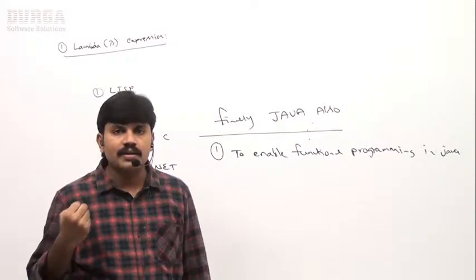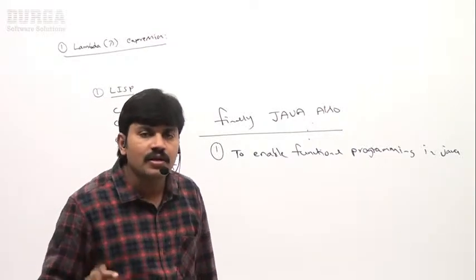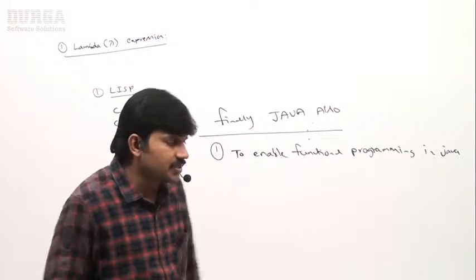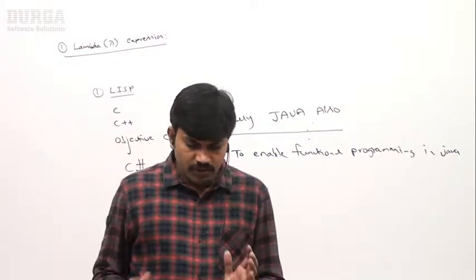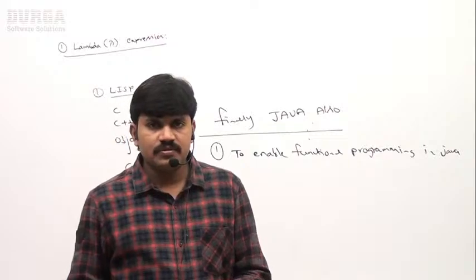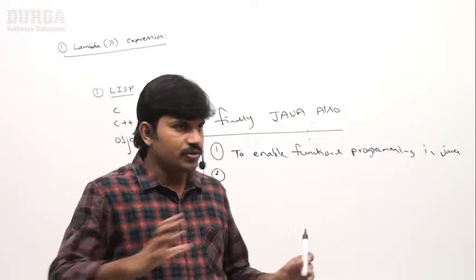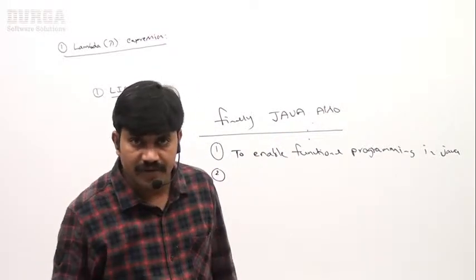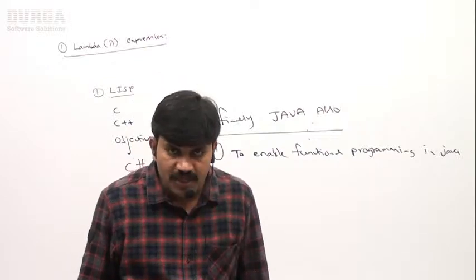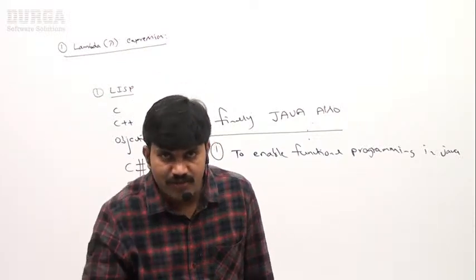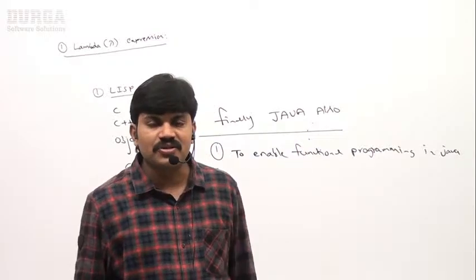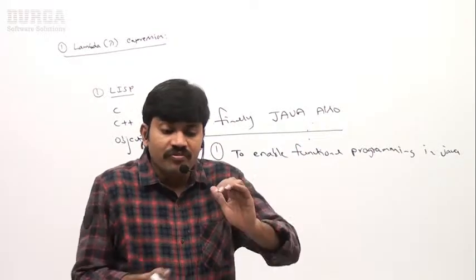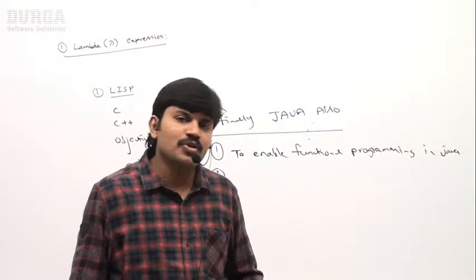To get the functional programming benefits, we have to use lambda expressions. Next, there is another thing. I will show multiple examples in the next videos. If I don't use lambda expressions, how many lines of code do I require to write? If I use lambda expressions, how many lines of code do I require? It's more concise. With very little code, we can meet our requirements.